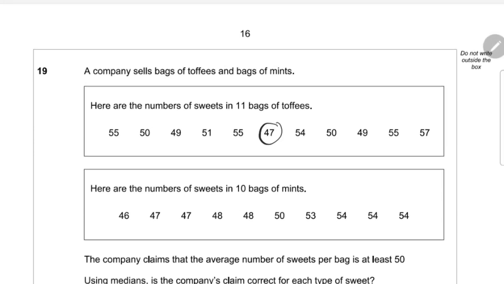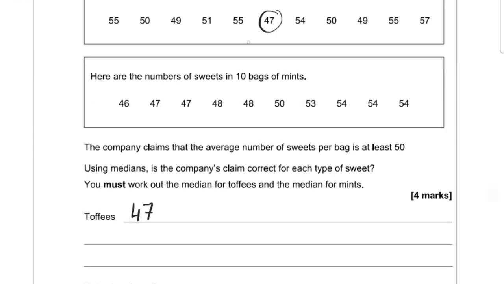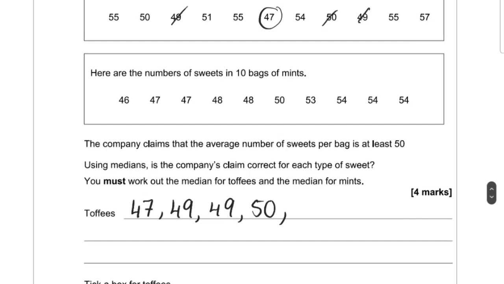So we'll have 47, then the next smallest value is 49. There are two of those. Then we have 50, so I'll just cross them off as I'm writing them down. We've got two 50s. Then we've got 51, then a 54, then three 55s.